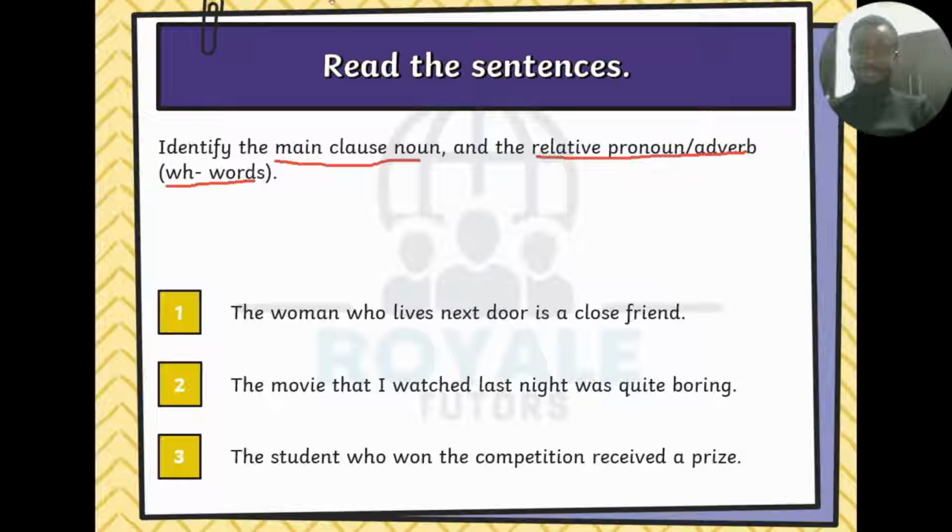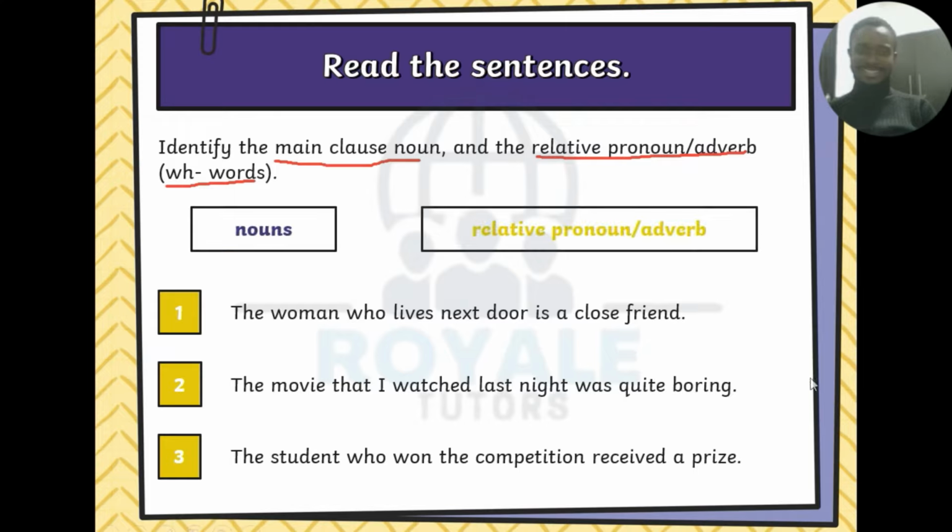Well, I don't know what your answer is, by the way, but let's reveal it. Woman is the main clause noun. Movie is the main clause noun for the second expression, and student is the main clause noun for the third sentence.